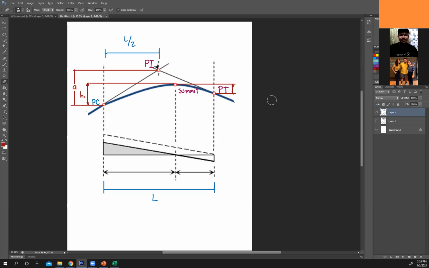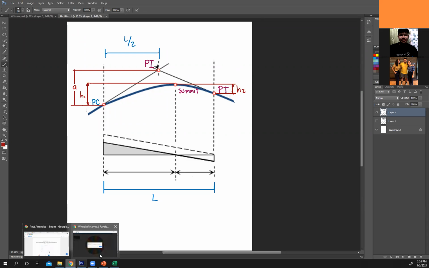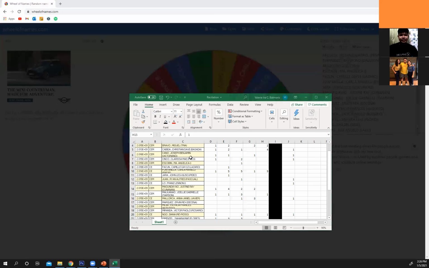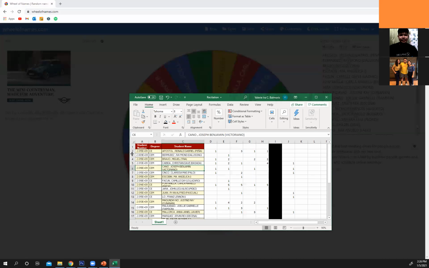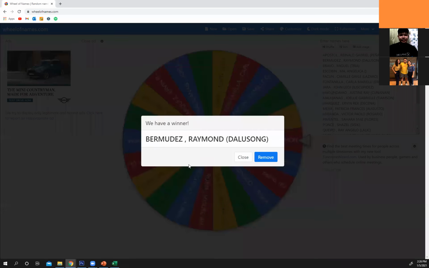So, summit to PT. Vertical distance of summit to PT. H2. Correct, H2. Okay, good.